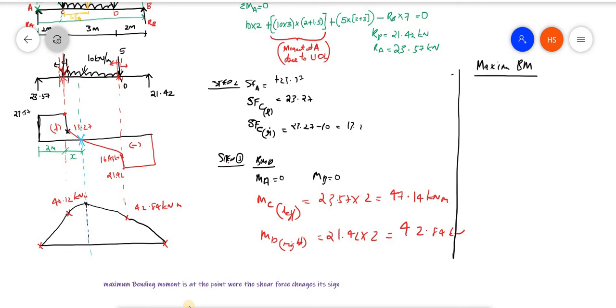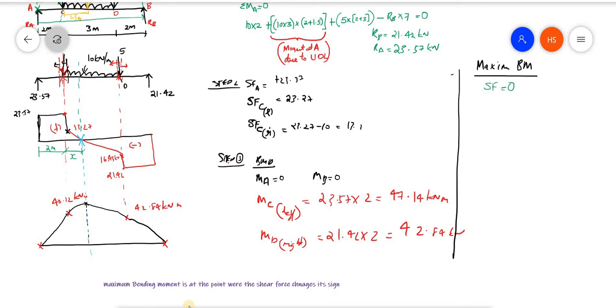So the maximum bending moment takes place when the shear force, what is the value of shear force here? It is 0, that is, it is changing the sign. So maximum bending moment takes place when shear force is equal to 0. If I am able to find this x, then I can easily find out the bending moment.